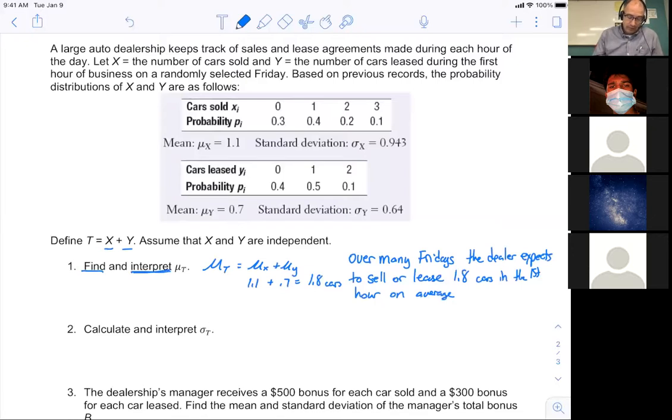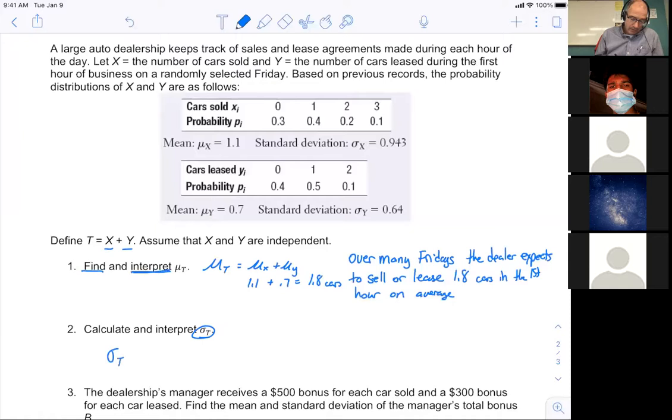Calculate and interpret the standard deviation of this one. So now we're talking about the standard deviation. We have to remember we want the standard deviation of T. And there's no sense in cramming this together, so I am going to erase that and move it over here.